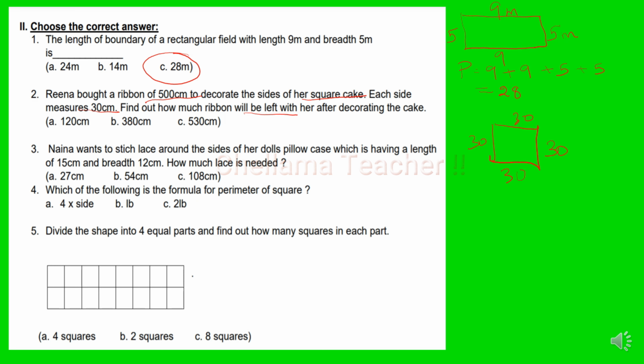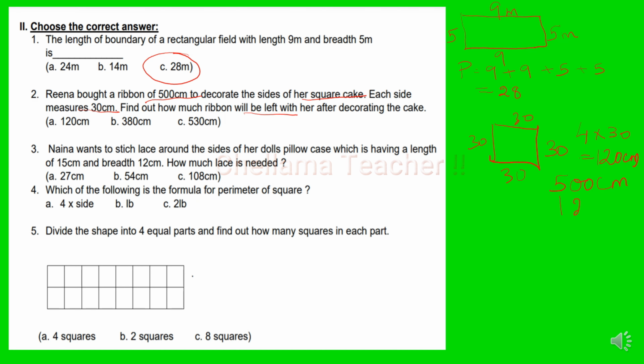So the boundary length or perimeter of a square shape is equal to 4 into side. Here one side is 30. 4 into 30 equal to 120 centimeter. They are asking only for the leftover ribbon. The actual length of the ribbon is 500 centimeter.